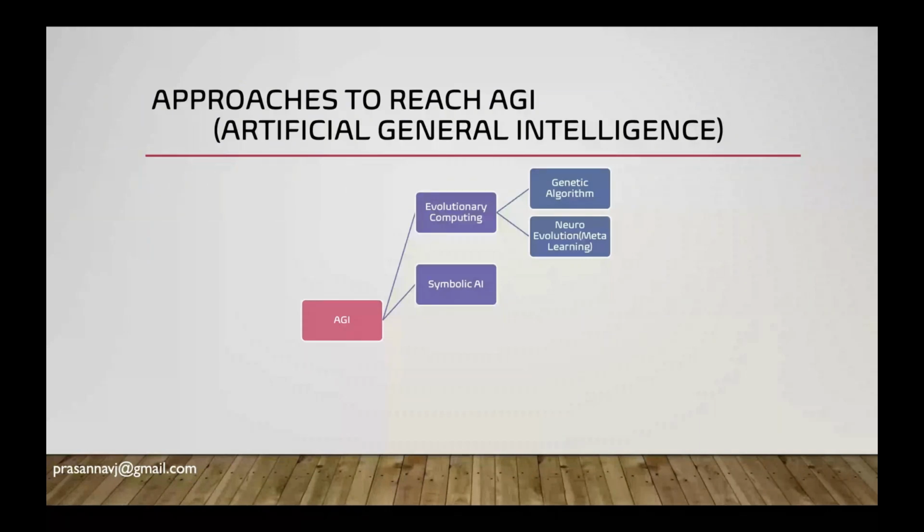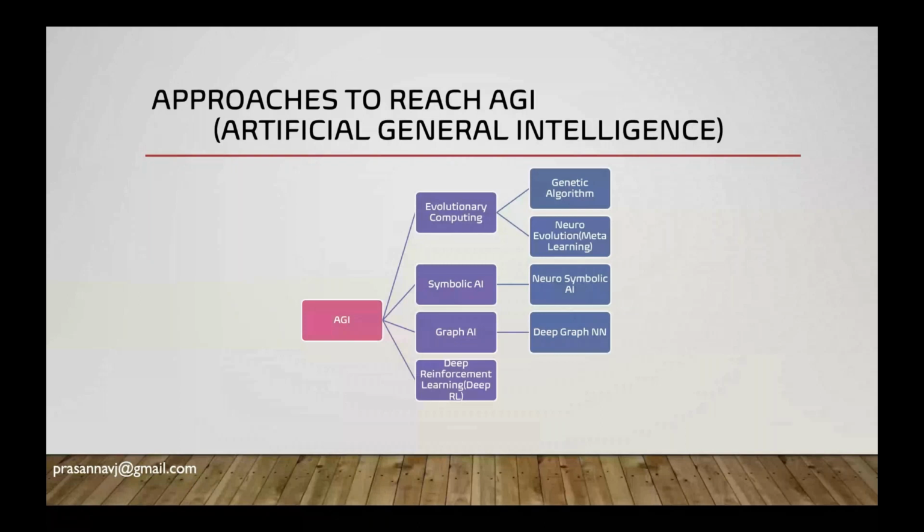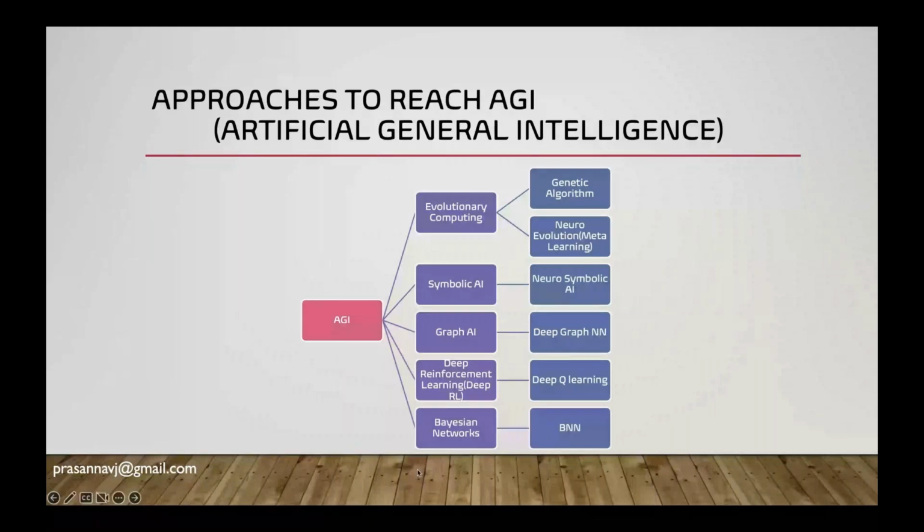The next is symbolic AI. The recent advancement is neuro-symbolic AI. There is graph-based AI, deep graph neural networks. There is deep reinforcement learning like deep Q learning, and approaches like Bayesian networks and Bayesian neural networks, which are some of the examples.